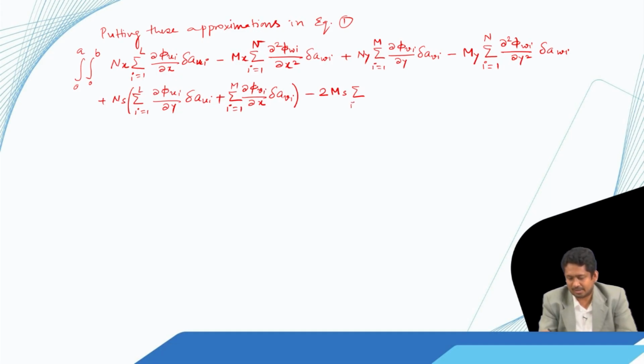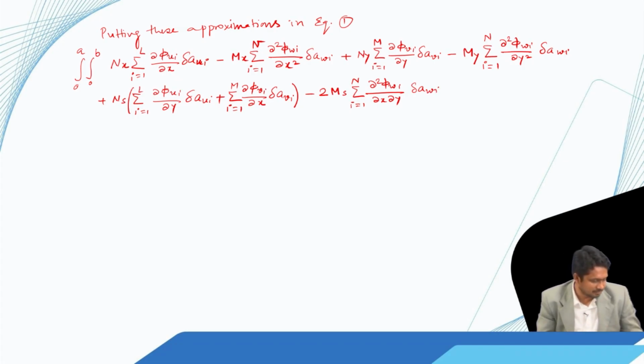So we have I going from 1 to n and the mixed derivative del 2 phi wI by del x del y, and then we have variation of AWI.